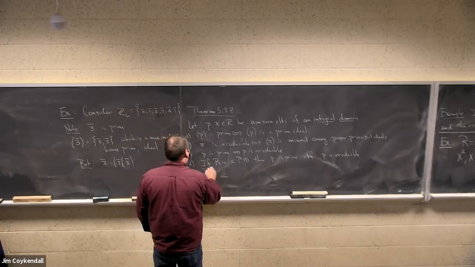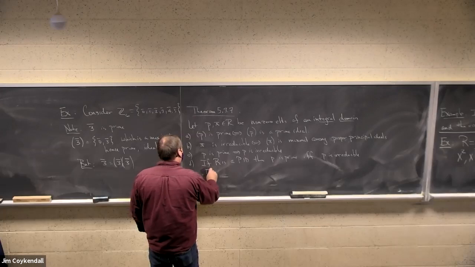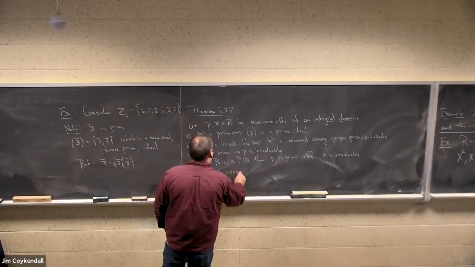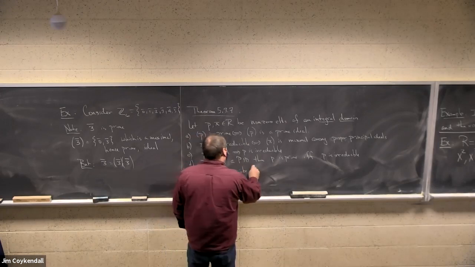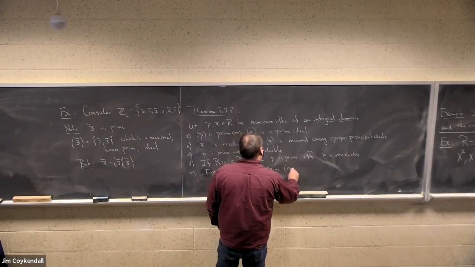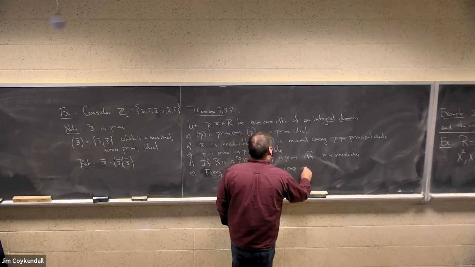Every associate of a prime is prime, and every associate of an irreducible is irreducible.